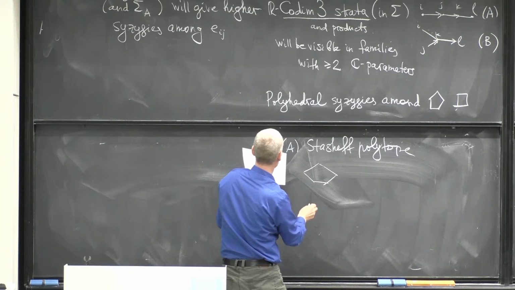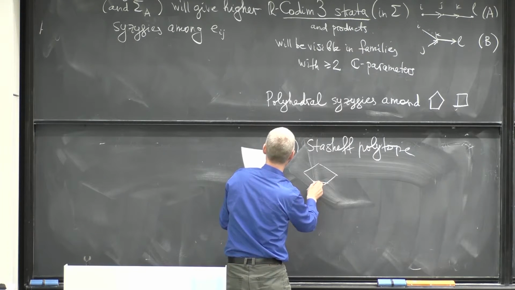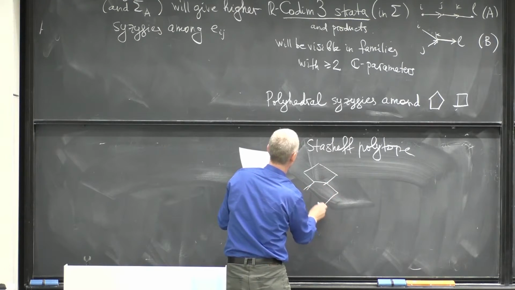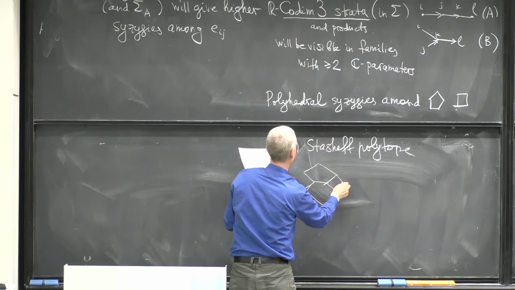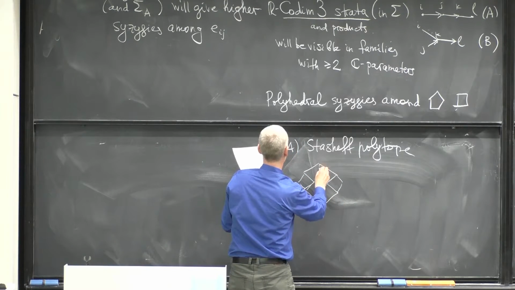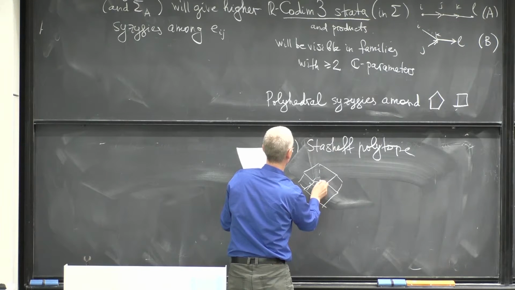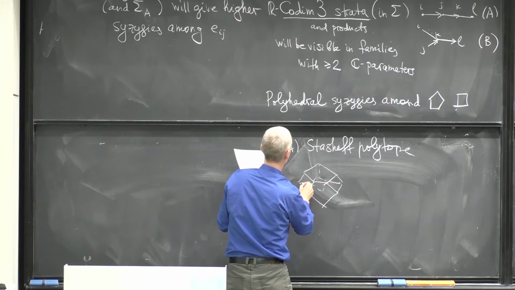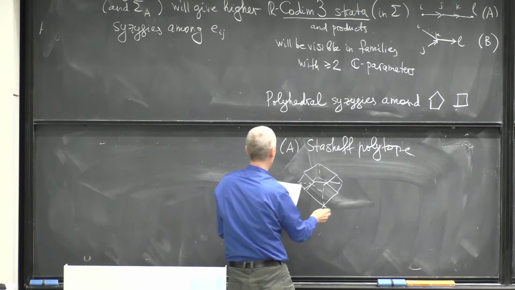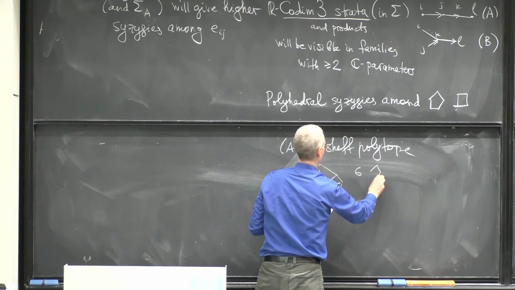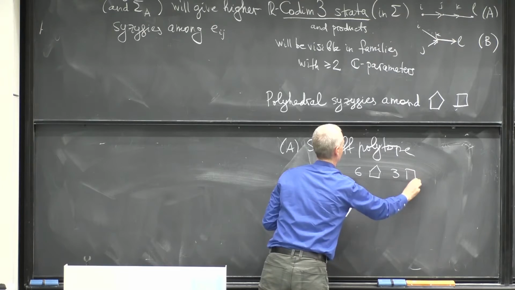This is the situation when it's sometimes good to have a computer like this. This would be a polytope with 6 pentagons and 3 squares.